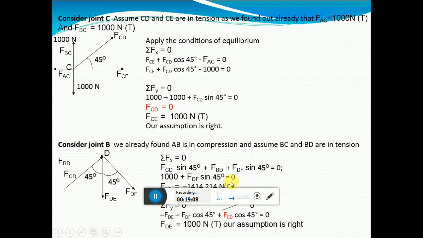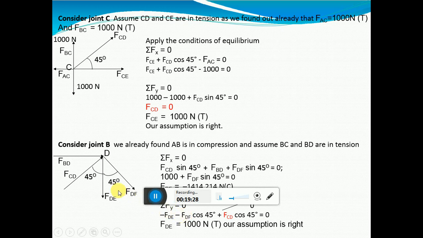Since it is minus, it is in compression. So we also found that FDF, this is also, we have assumed it as tension moving outside. So now it is moving inwards. When you consider the next joint, you should consider. Here directly take the same negative value and substitute in the equation here.